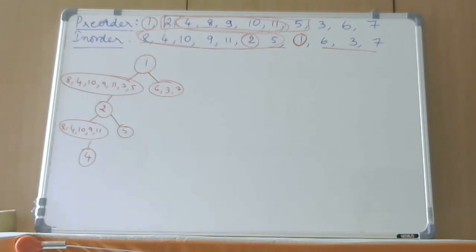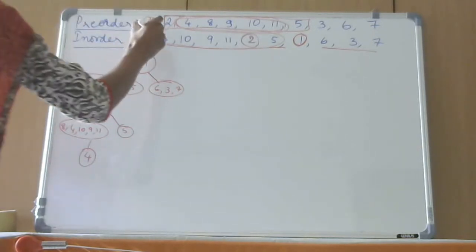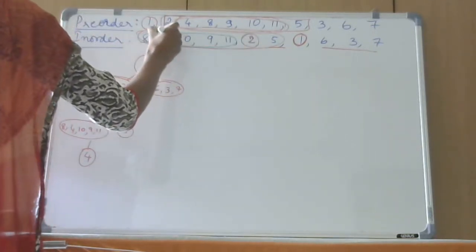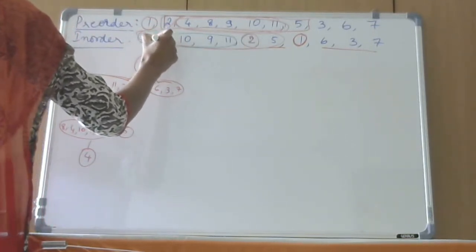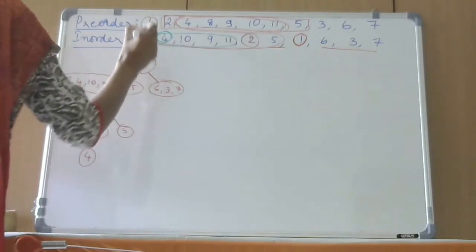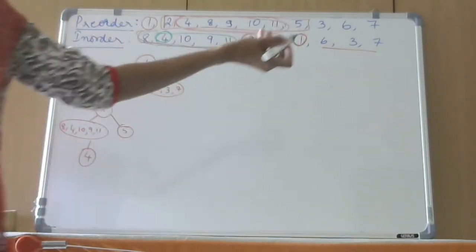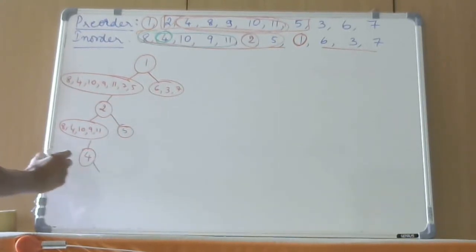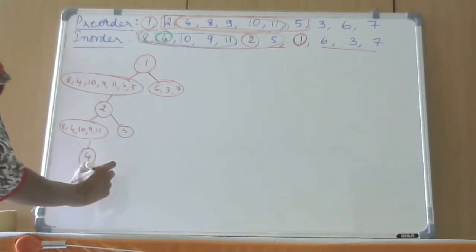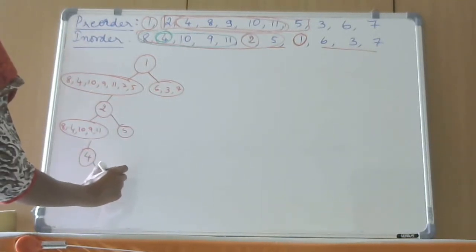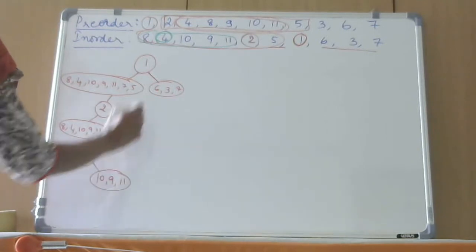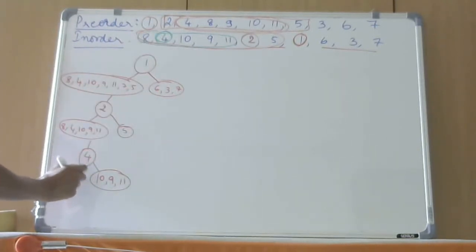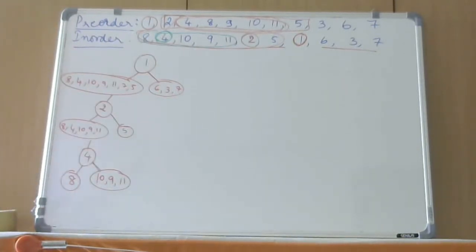If you look at 4, 8 is on the left, and 10, 9, 11 will come on the right. So I will write 8 on the left.